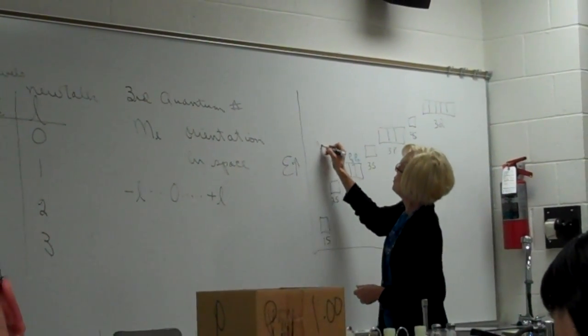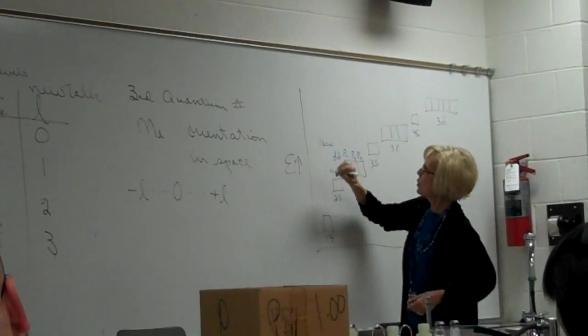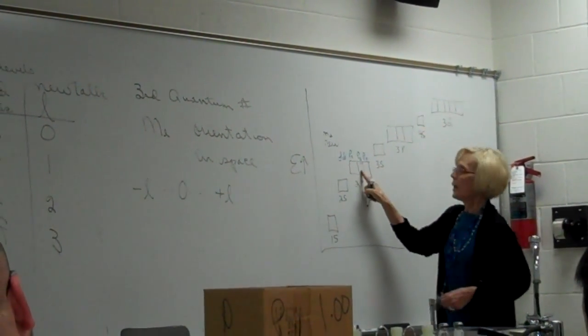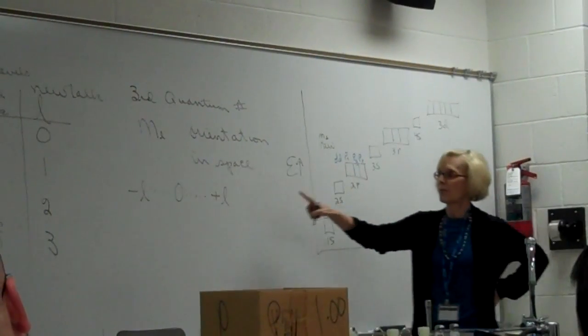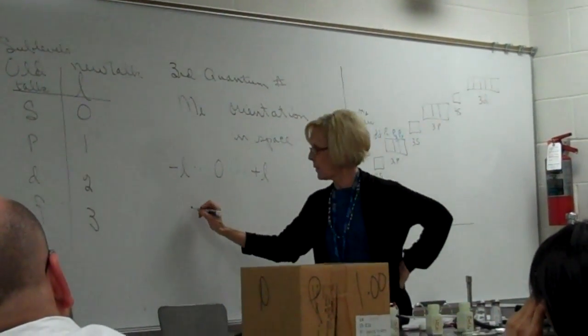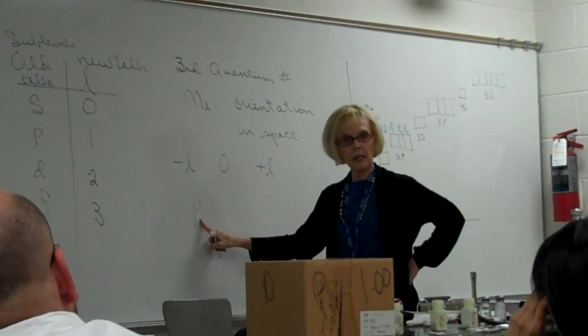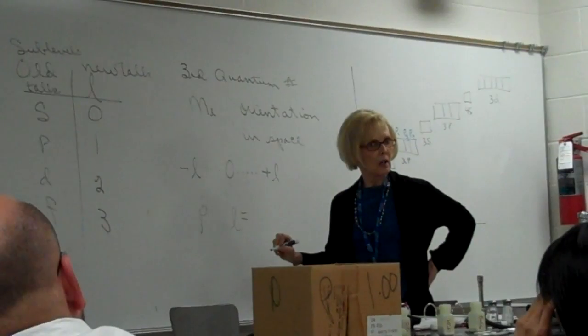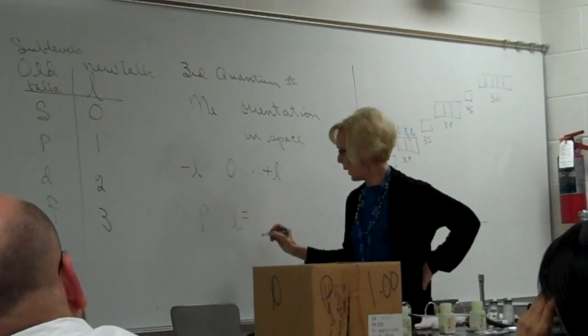Now, in the new talk, we're going to use m sub l values. Okay, we've got 3 orientations. If I'm in a p sublevel, L is equal to what? 1.